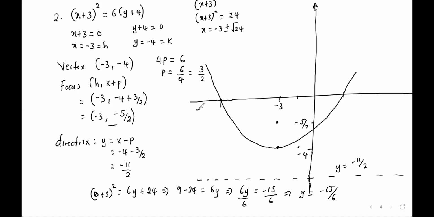So we have minus 3 minus root 24 and minus 3 plus root 24. So it means that you have a complete sketch with all the intercepts indicated. Remember this one, we have found it to be negative 15 over 6.